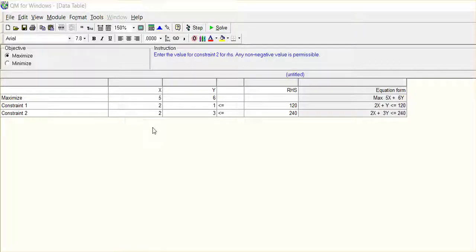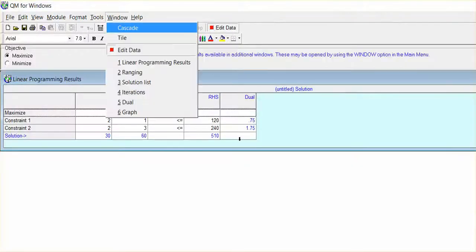Likewise, for the second constraint, we were given 2x plus 3y, and the total resource available, hours or whatever it may be, was 240. Okay, that's how you should have set it up for QM for Windows. And then we would go ahead and solve it.